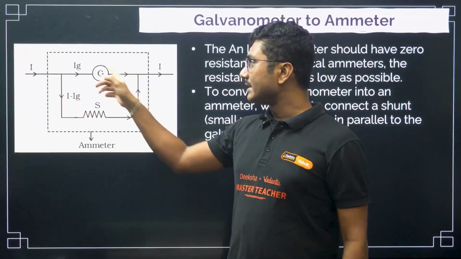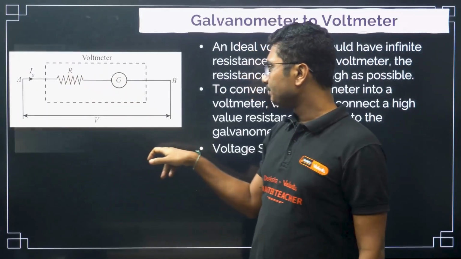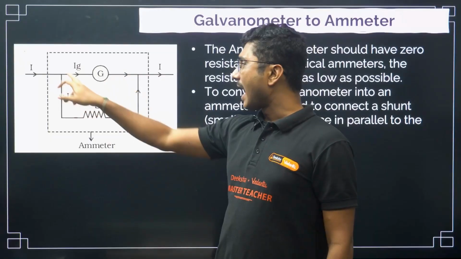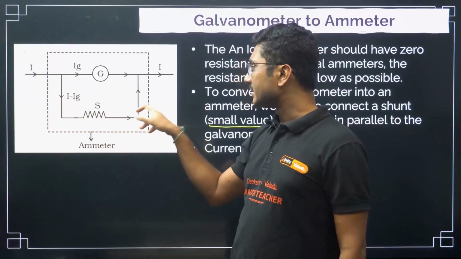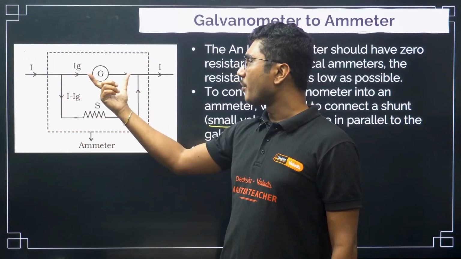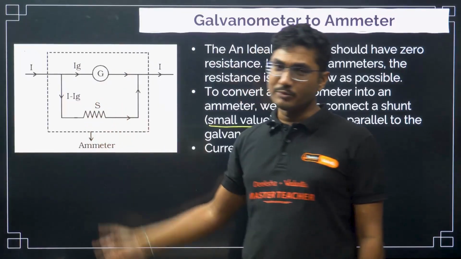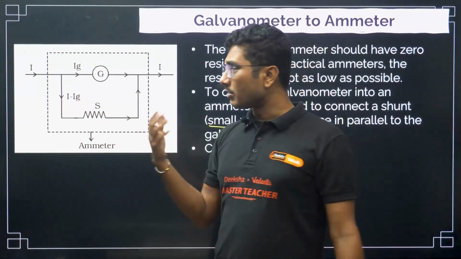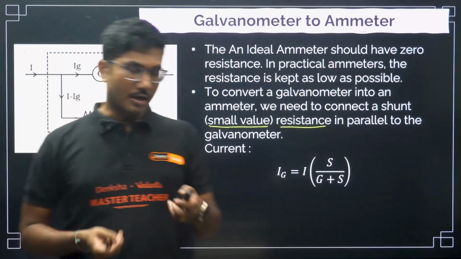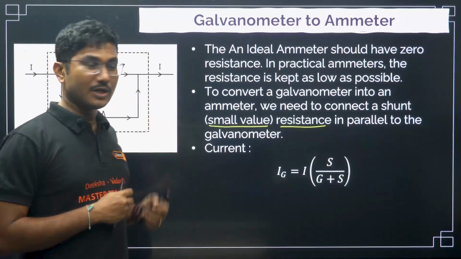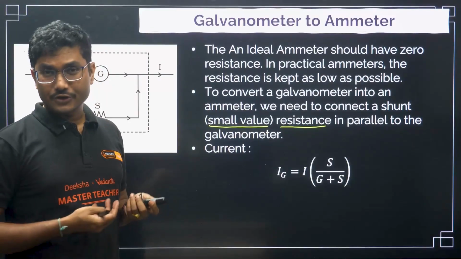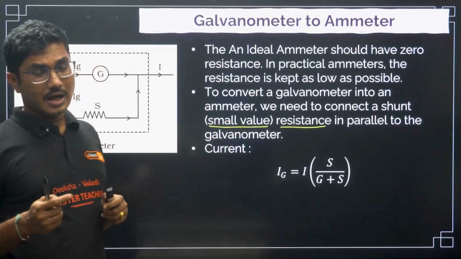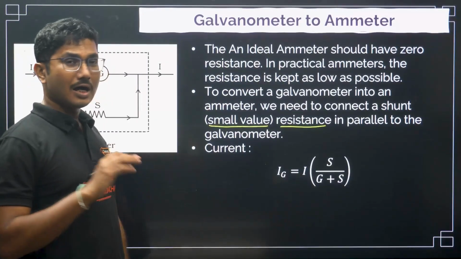This galvanometer has a current Ig, and the current I minus Ig is passing through the shunt. So the voltage drop across the galvanometer should be equal to the voltage drop across the shunt resistance S. Based on that you can solve numerical questions, especially 3-marker numerical questions on the conversion of galvanometer to ammeter and voltmeter, which are common.